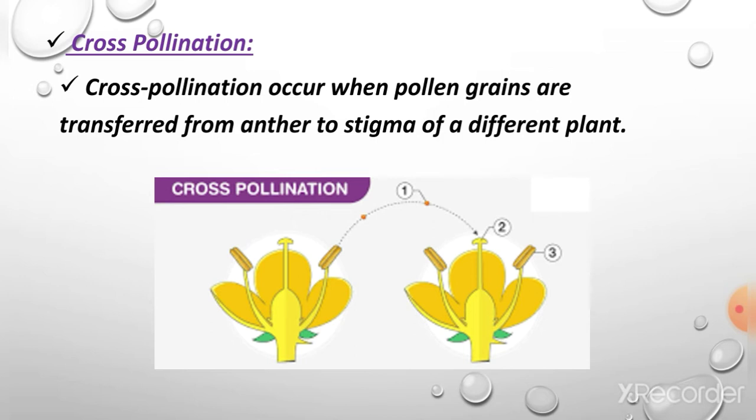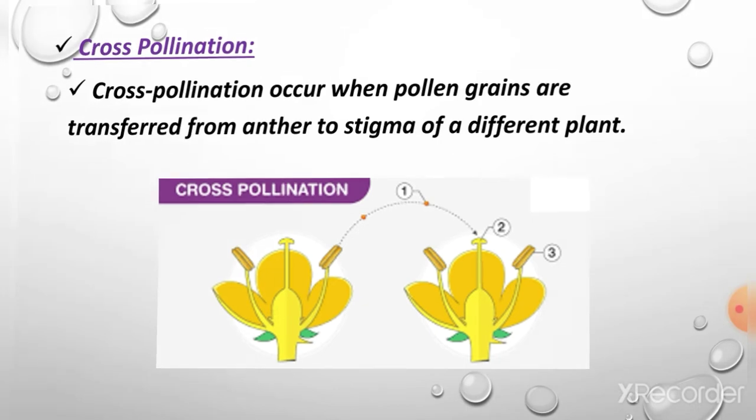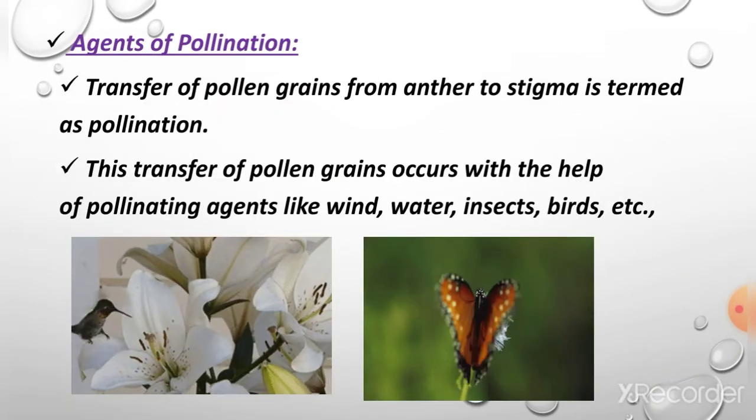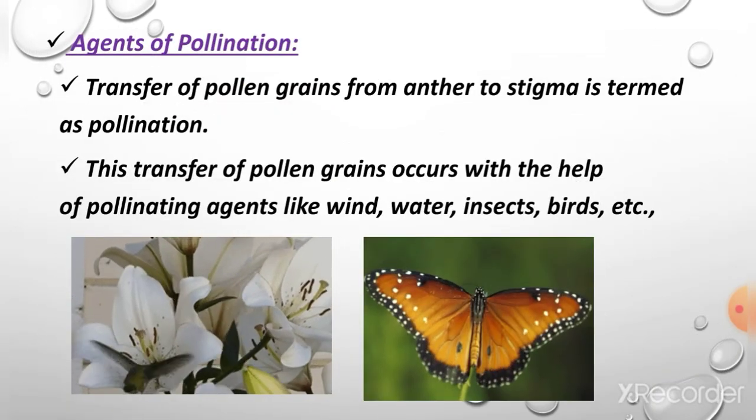But cross-pollination means the pollen grains from the male part of the flower, the anther, reach the stigma, the female part of the flower, of a different kind of plant. So this is called cross-pollination. Understood? And now agents of pollination.